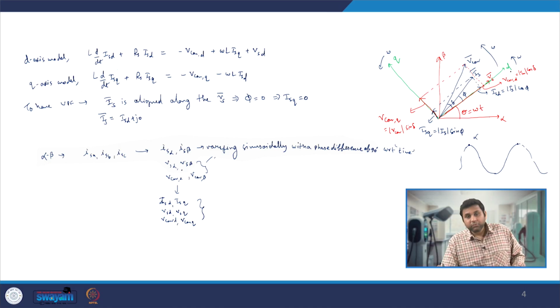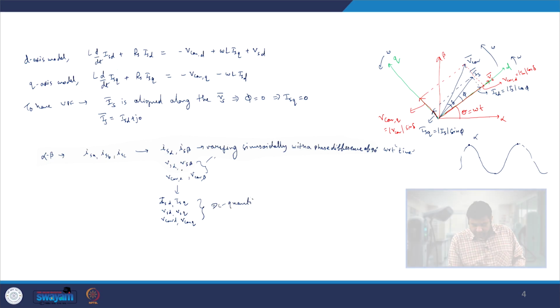So with respect to the d and q axis, when all three quantities are represented in the form of d and q, we see that these D and Q quantities are stationary quantities. That means we can say they are DC quantities.